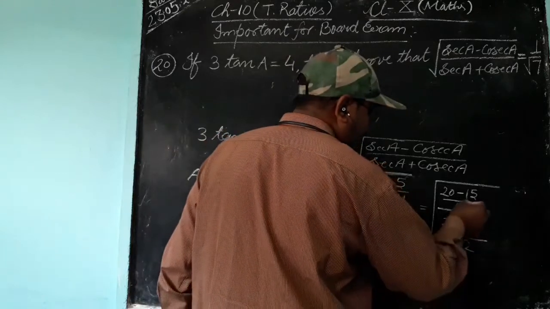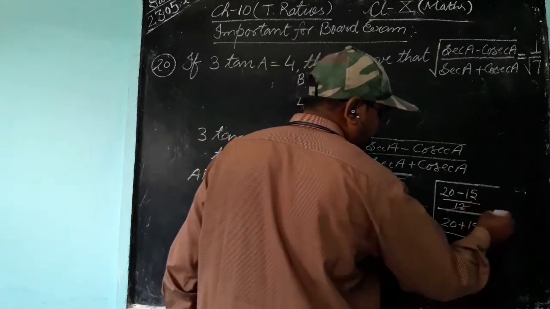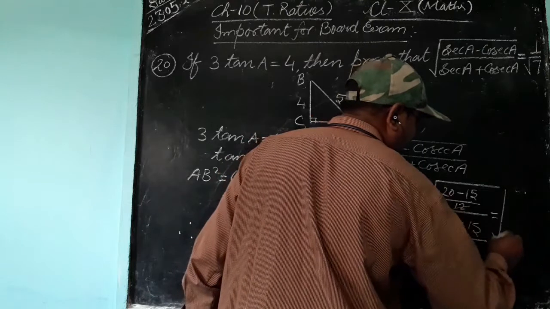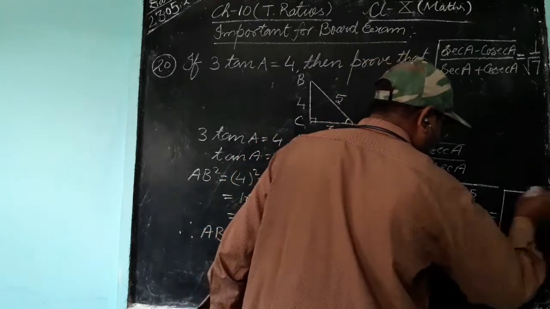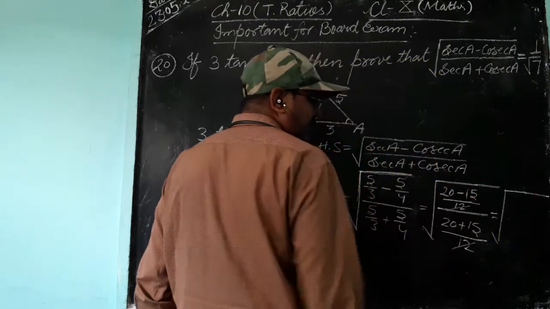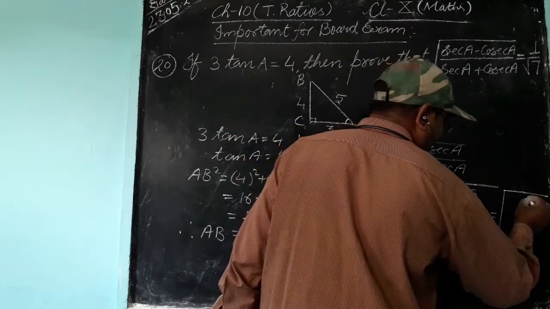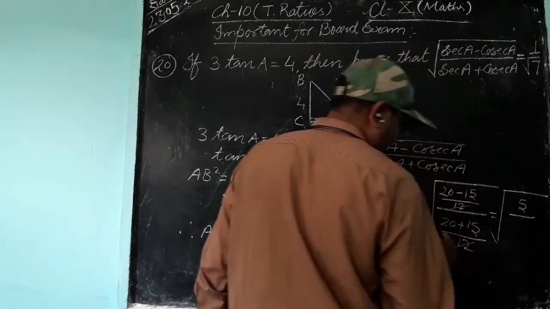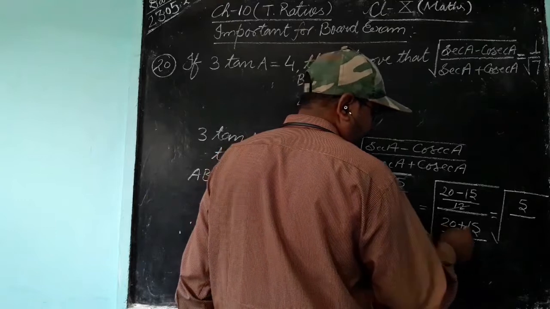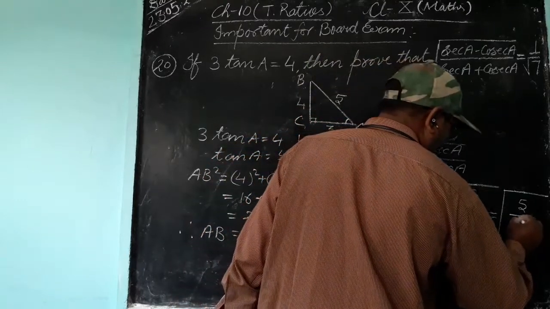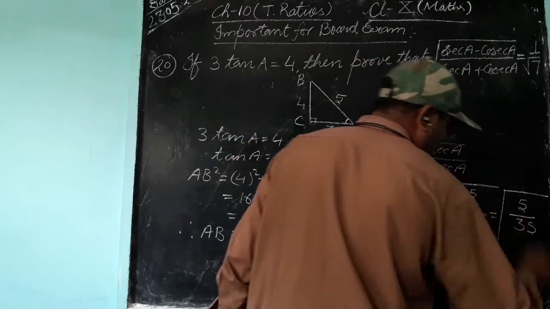In this way, that 12 and that 12 you can cancel. Finally, you can write 20 minus 15, 5, and 20 plus 15 is equal to 35. Clear, students?